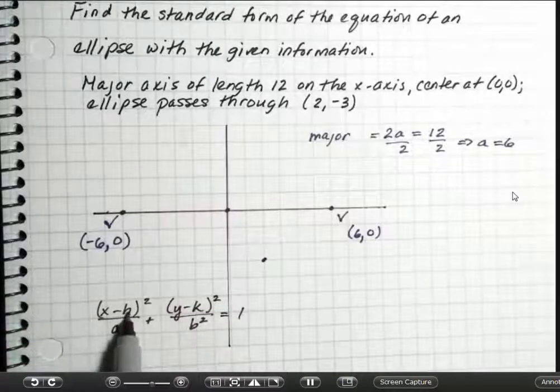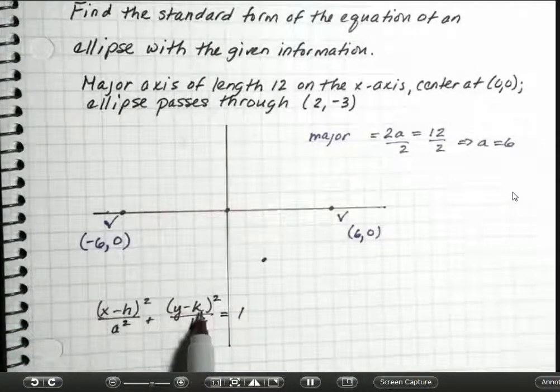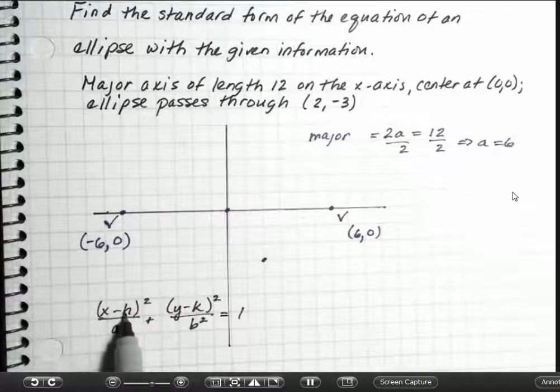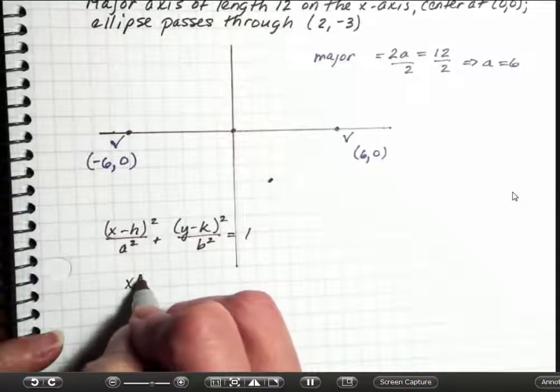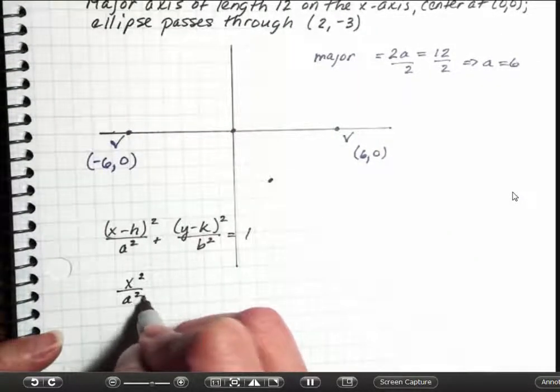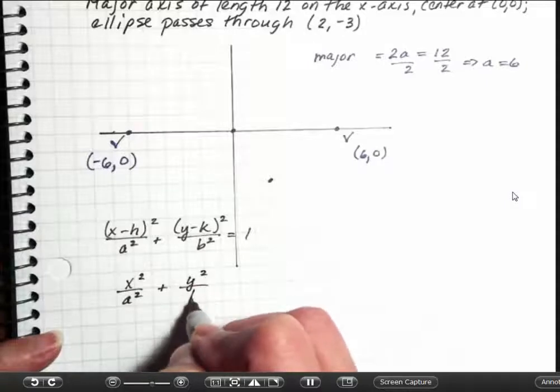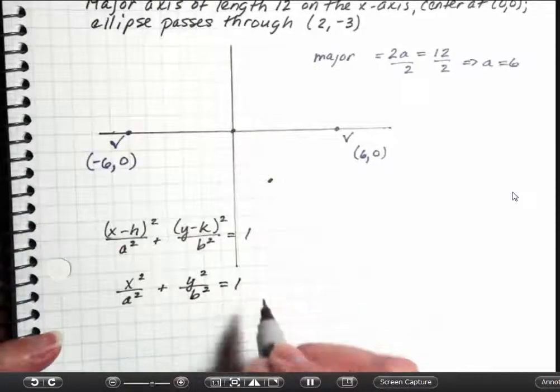Remember, h and k are the center of your ellipse, so I can put zeros in there. When I put a 0 in for h and a 0 in for k, my equation now becomes x squared over a squared plus y squared over b squared equal to 1.